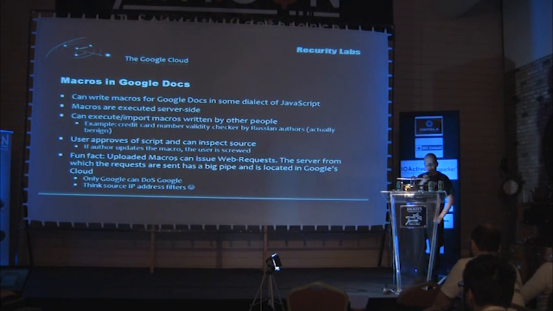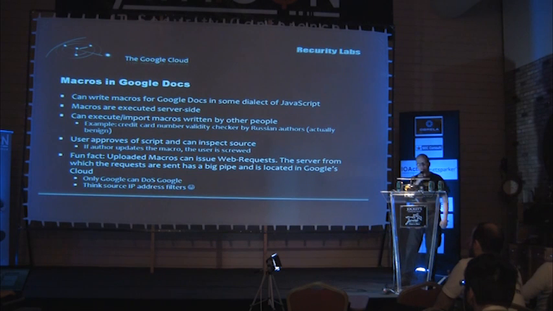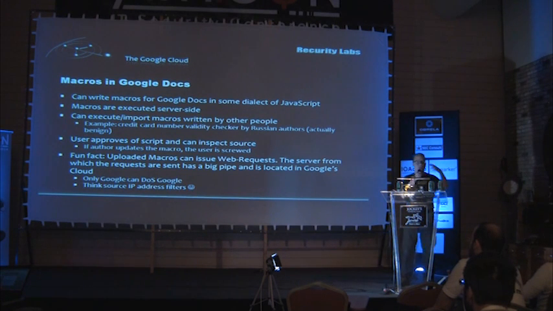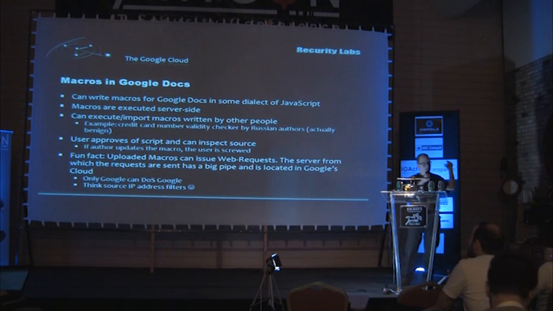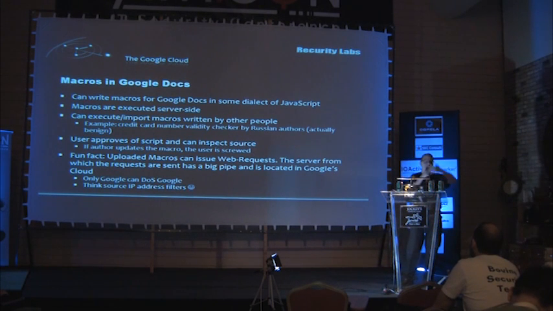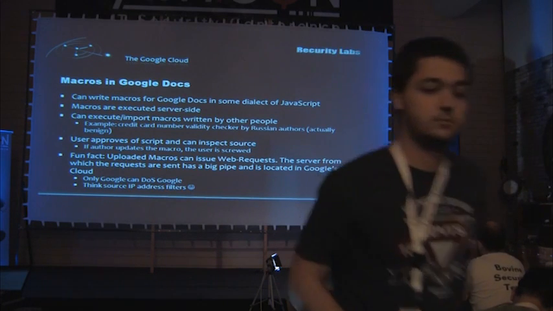An example of interesting things in the cloud: Google Docs allows you to write macros for their spreadsheet applications. Those macros are actually executed on Google servers. You can import macros from other people, which, once you look at the code, you say, this macro is cool, and you say, okay. If the other guy updates the macro later, it might change behavior.